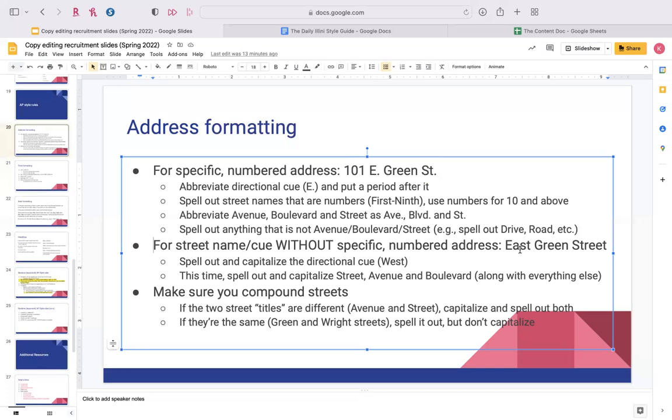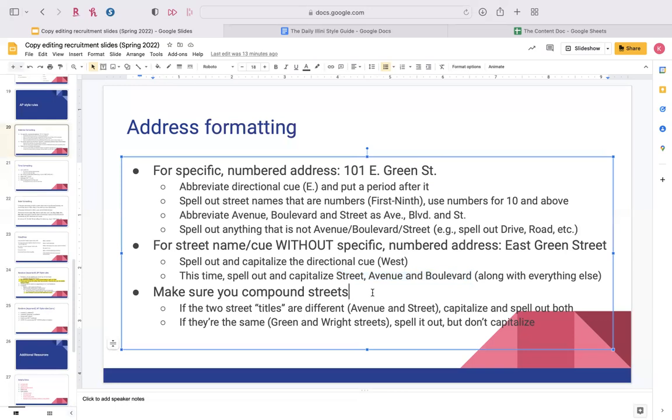Usually just talking about a general location, but not always an exact address. So in that case, you would spell out the direction: east, west, south, north. And then you would also spell out whatever type of street it was, street, avenue, boulevard, and that's because it's more of a general one.